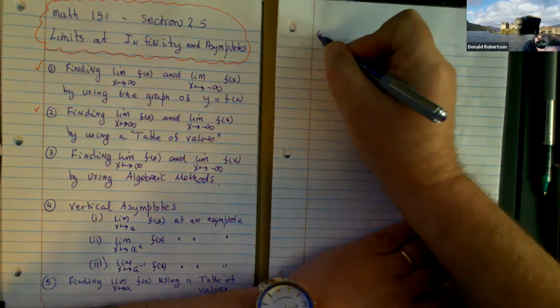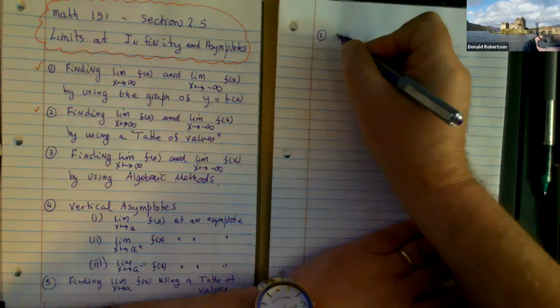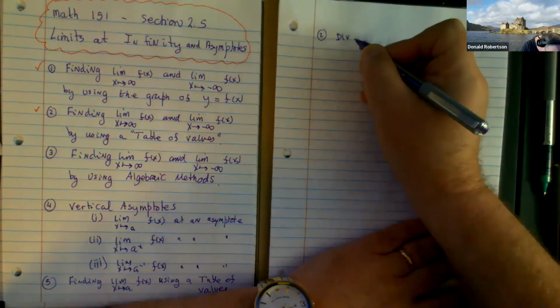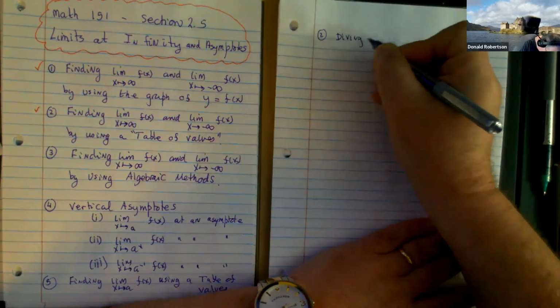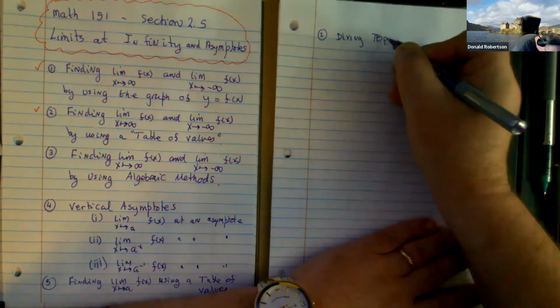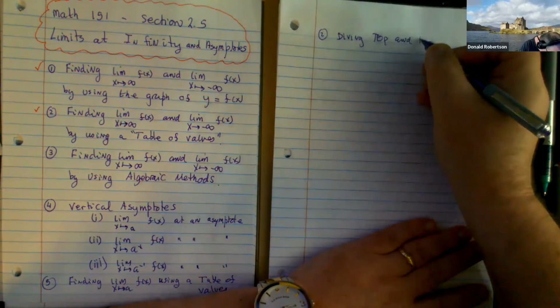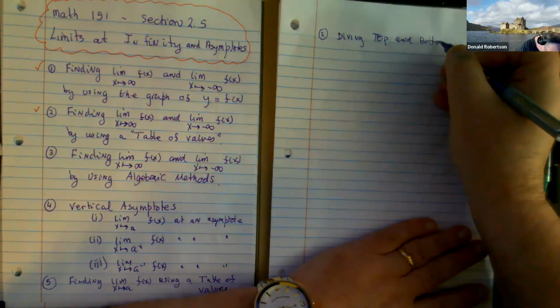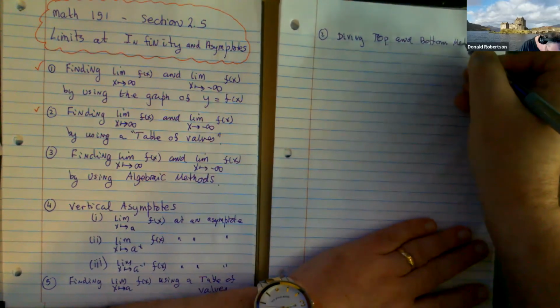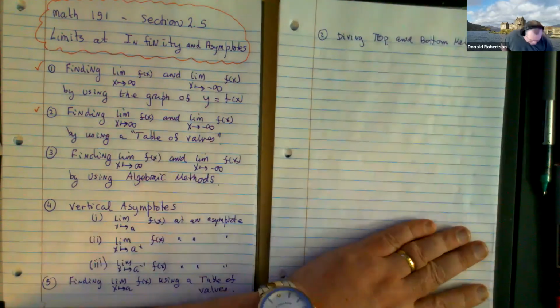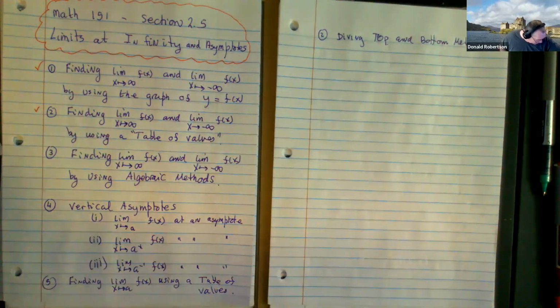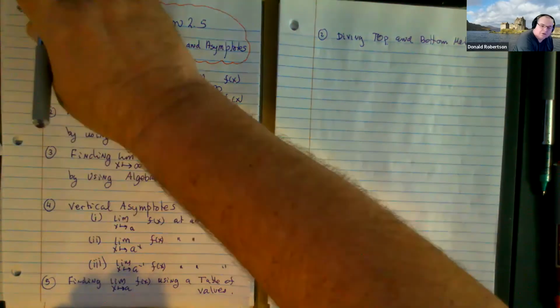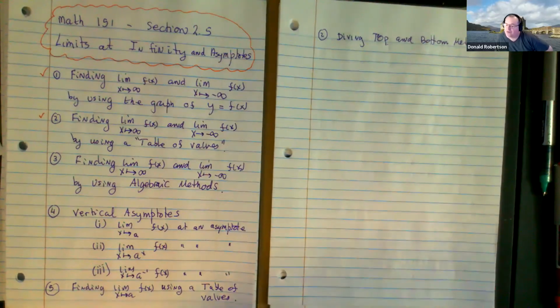Well, the second method is a name I just made up because I don't think it's got a name for this method. It's the dividing top and bottom method. I like to give names to things that kind of give you an idea of what they're doing. Can you remember factor and cancel?